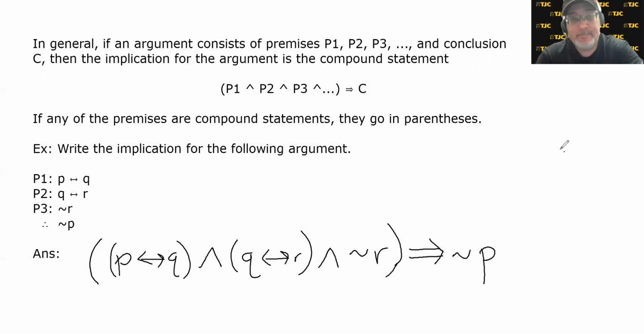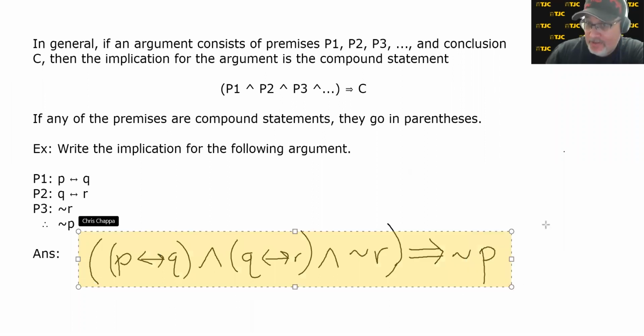Now, we haven't done a thing to determine if this is a valid argument. All we've done is take the three premises, the one conclusion, string them all together in a very long conditional. But that conditional says, if all the premises happen, then the conclusion follows. Because we're trying to answer the question, must the conclusion follow from all the premises, we're kind of asking the question, is this a true statement?